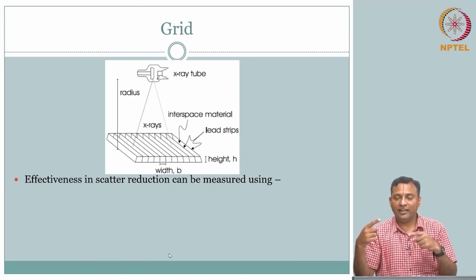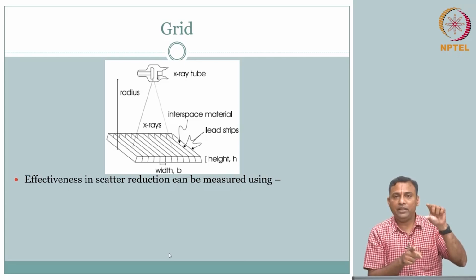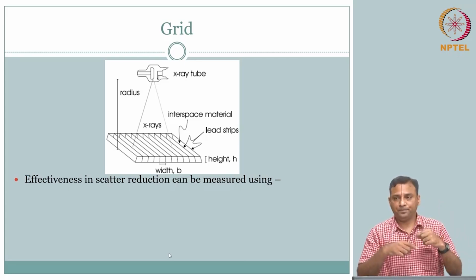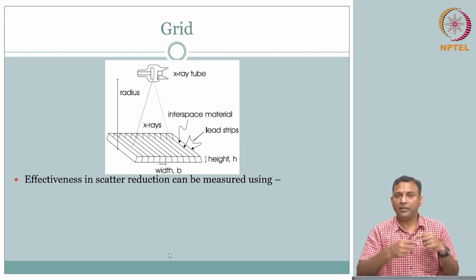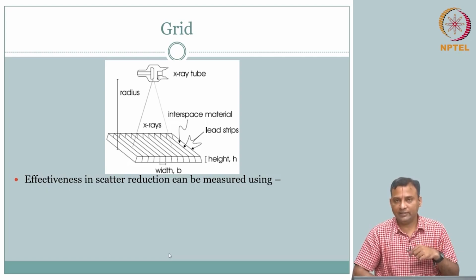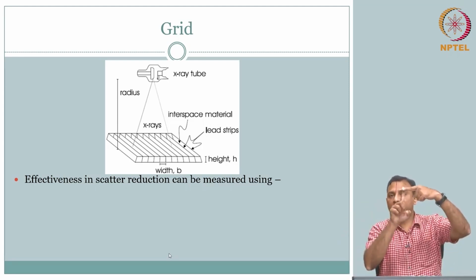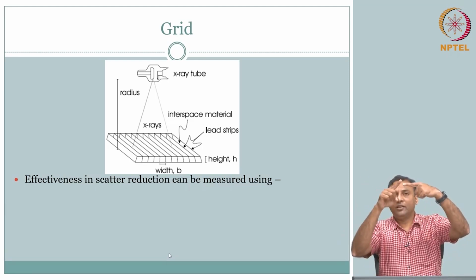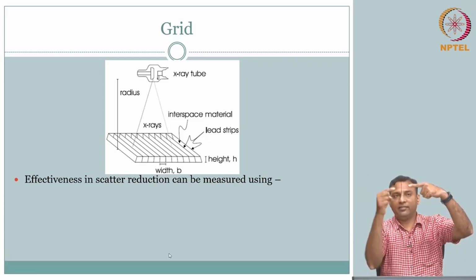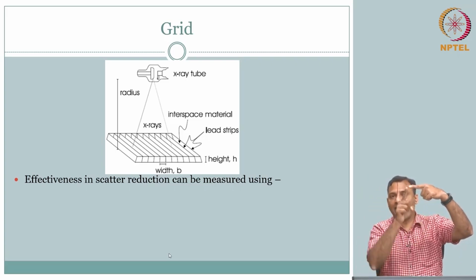Okay, then what about your B? B is the distance between the leads. Again, what is favorable? If the height is more, then in some sense that is going to have a shadow, right? It can protect; it's all about the angles.